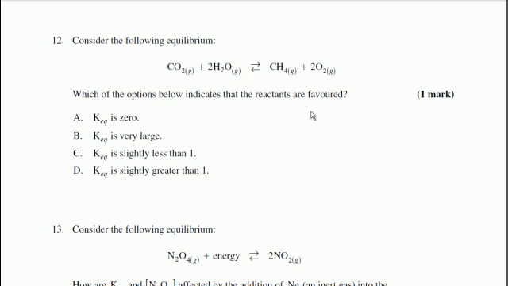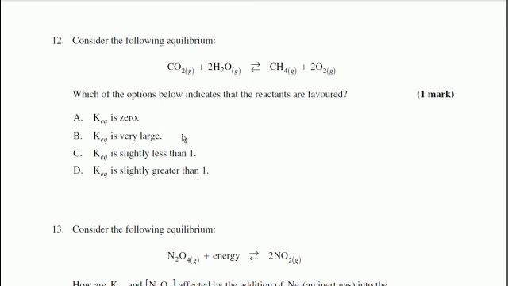That would be because products divided by reactants, products would have to be 0. KEQ is very large. So a very large number that I can think of is something like infinity. So if it's infinity, that means the reactants are 0. That means it's gone to completion.